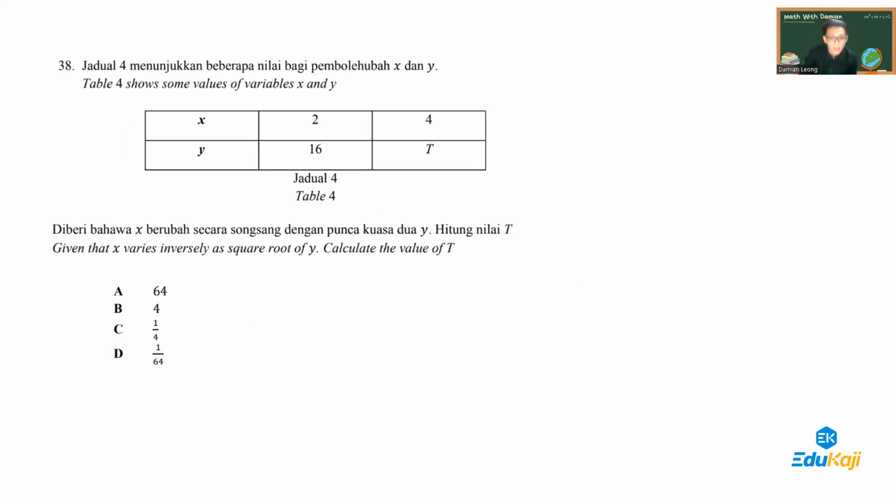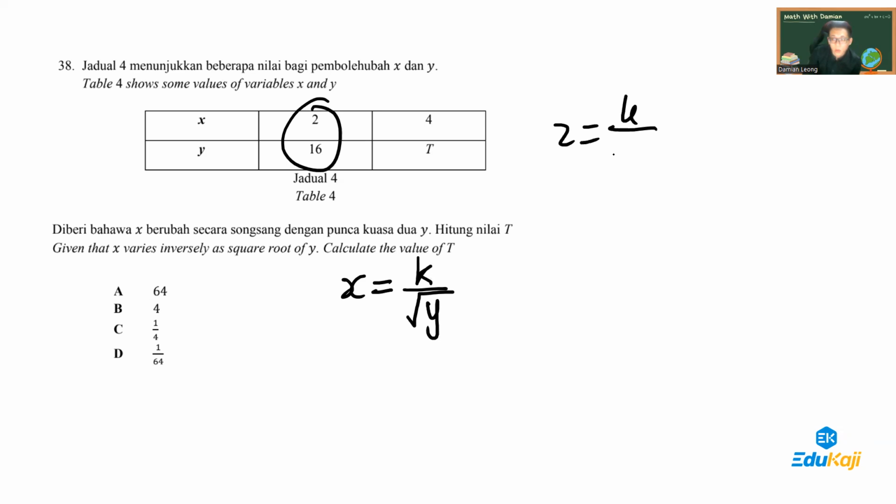Question 38. Given x varies inversely as the square root of y, x equals, varies, always put a k, the scale, where inversely means it goes below, so k over the square root of y. First I need to find k, so use the set of values that are both numbers. 2 equals k over the square root of 16, which is 4.